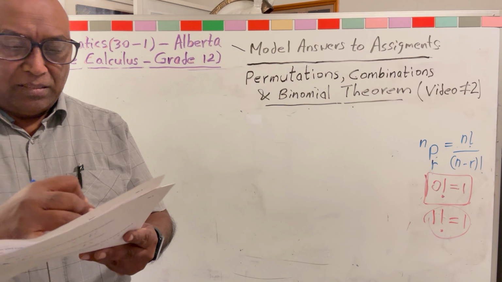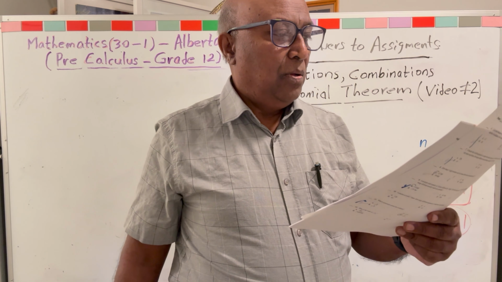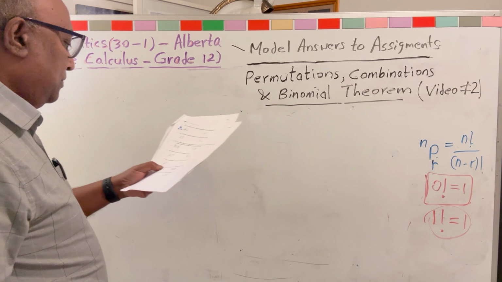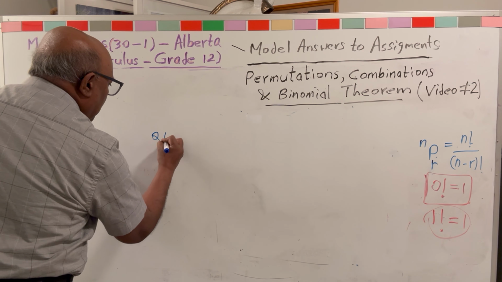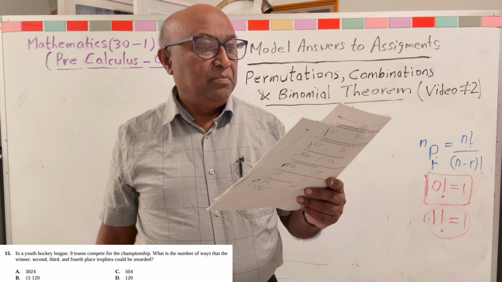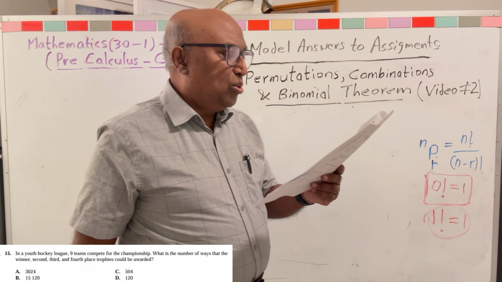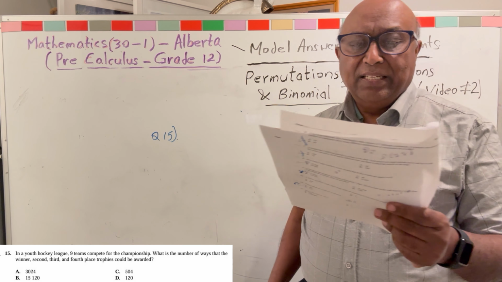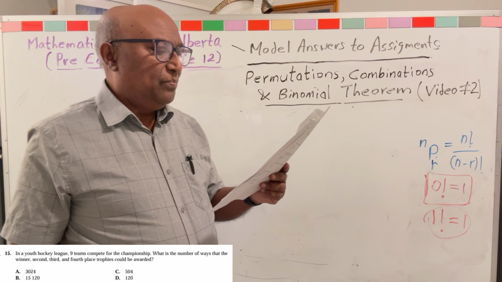Okay, next shall we select question number 15. What does question number 15 say? In a youth hockey league, 9 teams compete for the championship.